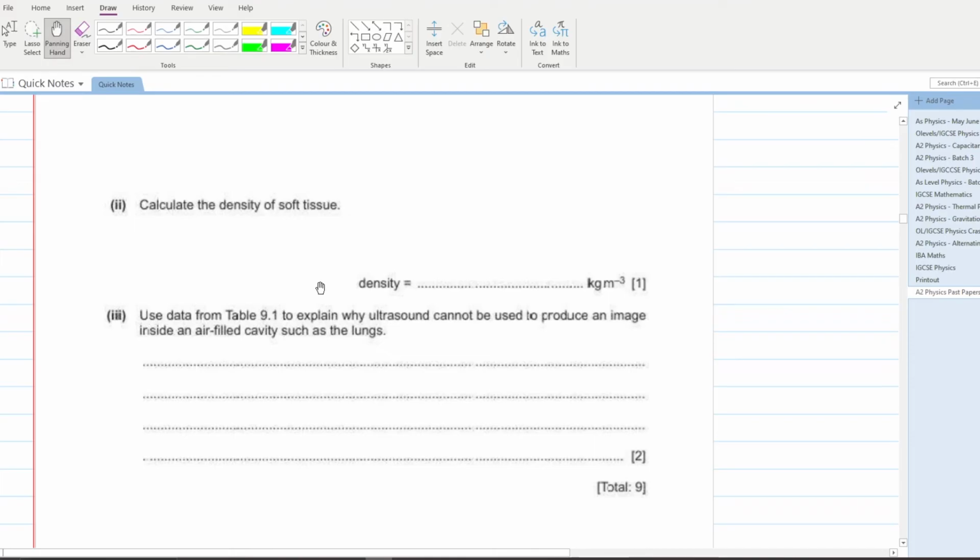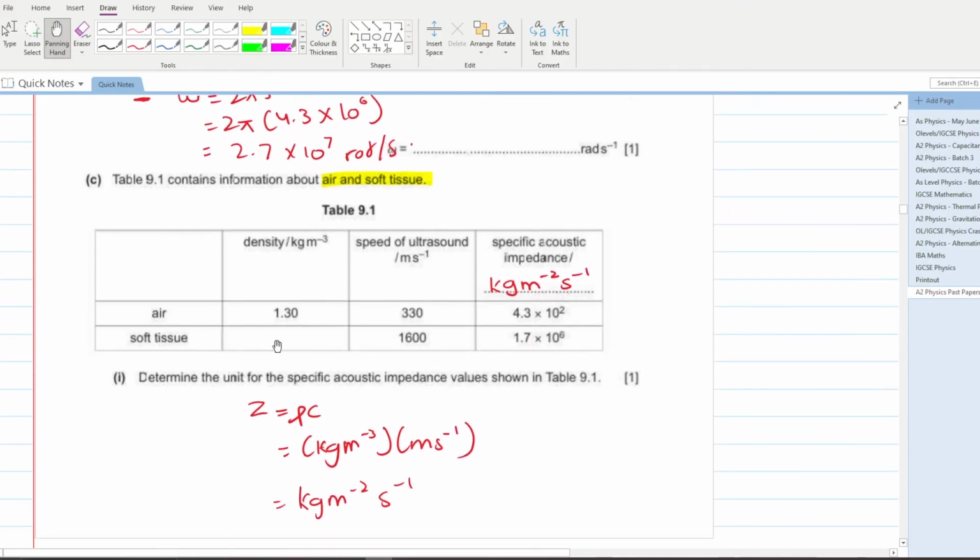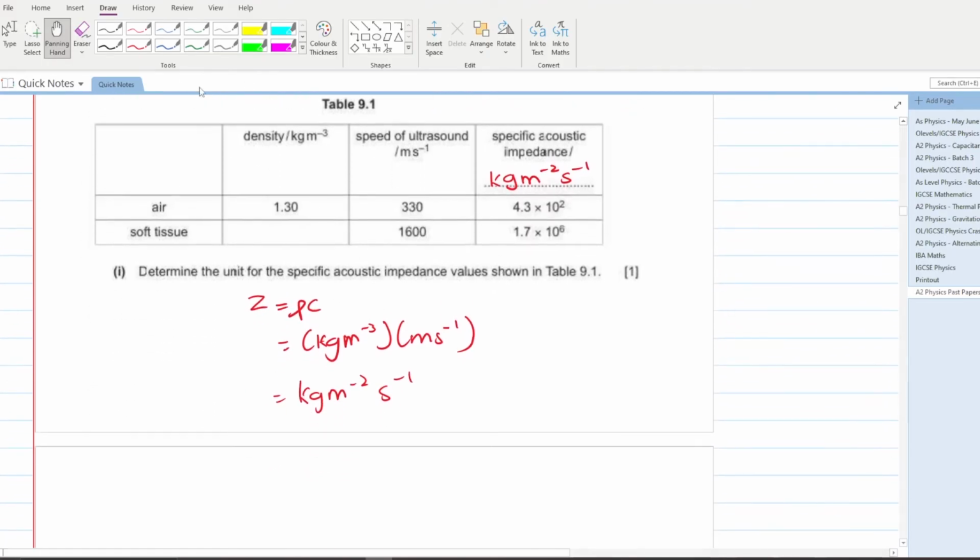Let's further move ahead. Calculate the density of the soft tissue. How will you do that? Z of soft tissue is equal to density times speed. So Z of soft tissue is 1.7 × 10^6. Speed we know is 1600, and density is rho.